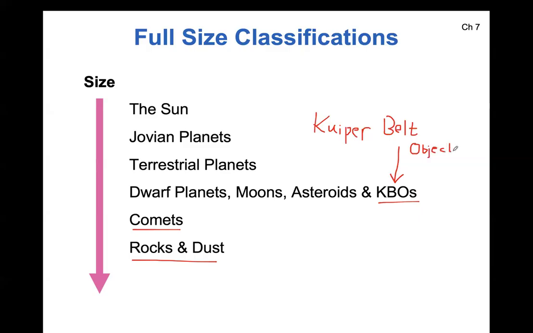And the Kuiper belt is a lot like the asteroid belt, which is much more well known. You've probably heard of the asteroid belt. What you might not know or remember is that the asteroid belt is located between Mars and Jupiter. I mentioned it a moment ago, but that's where it is.